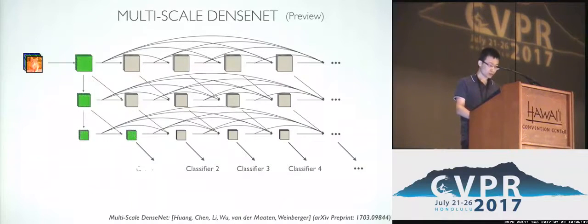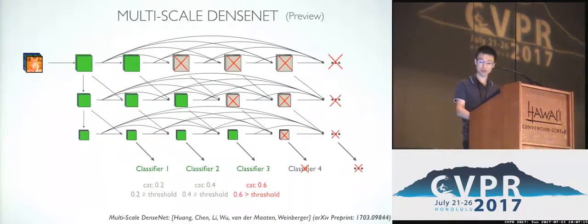During inference, we first pass a test image to the first classifier, and we check the confidence level, which is the maximum softmax prediction. If the confidence is less than a pre-given threshold, we evaluate the second classifier. We keep evaluating until we get a confidence higher than the predefined threshold.